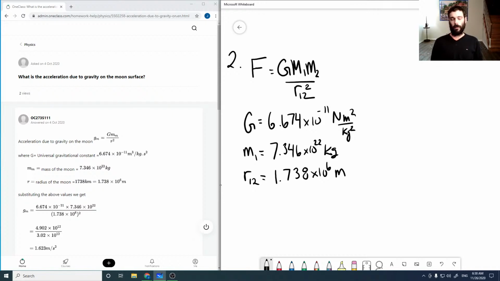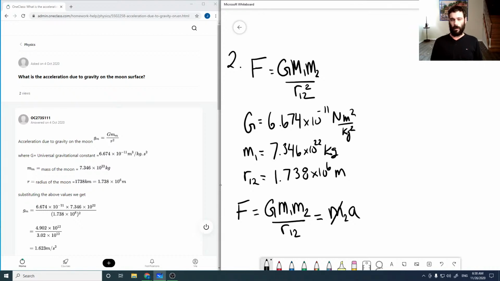And to illustrate this, our force is just G m1 m2 over r12 squared, and that force is going to be m2 a, right? So F equals ma, where m2 is the mass of whatever the object is we're considering, and that's the gravitational force.